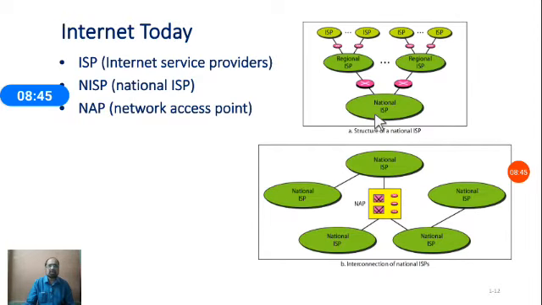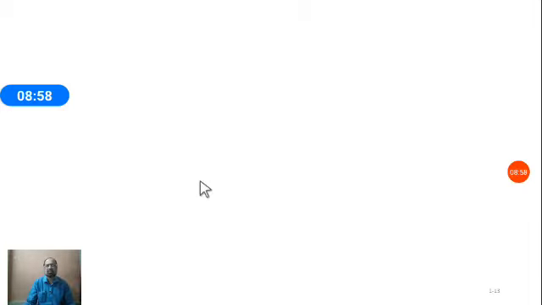Then all these are the national service providers. So first is the internet service provider, then the national service provider, and then network access points. When they are connected to each other, they form a huge network, today's networks that we are using.